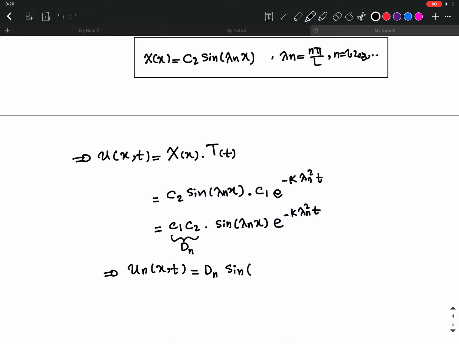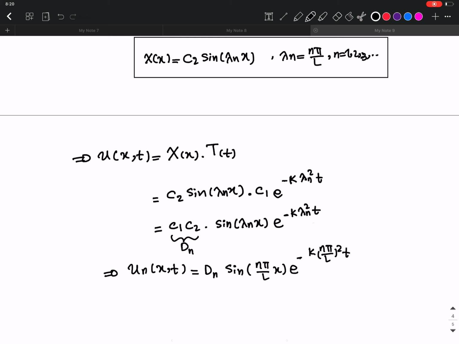And instead of lambda n, I'm going to just write n pi over L of x times e to the minus k (n pi over L) squared t.